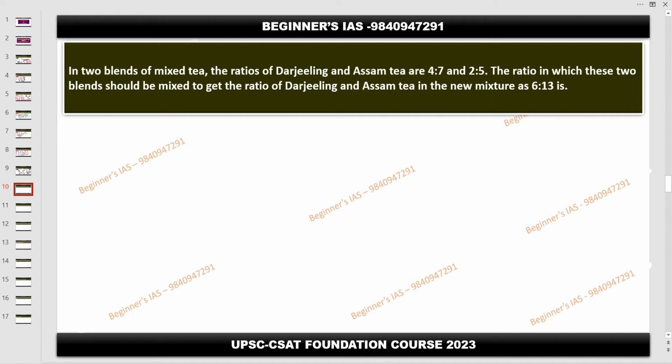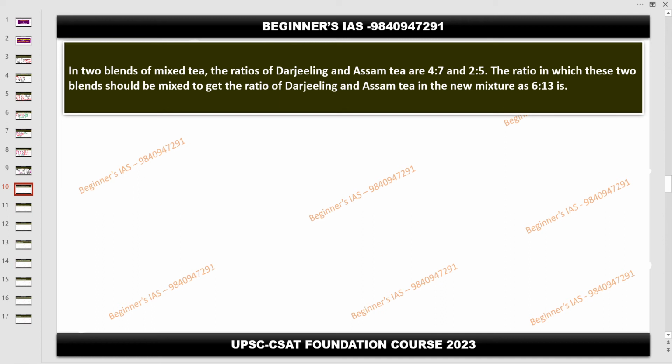In two blends of mixed tea, the ratio of Darjeeling and Assam tea are in the ratio 4:7 and 2:5. In what ratio should these two blends be mixed to get the ratio of Darjeeling and Assam tea in the new mixture, which has been provided here? You can go with the allegation method.